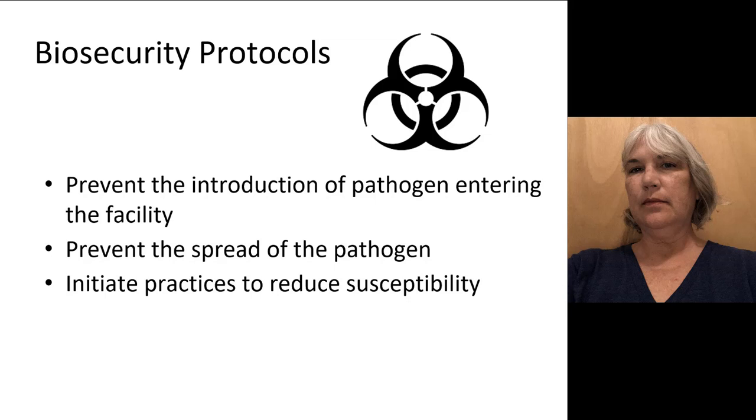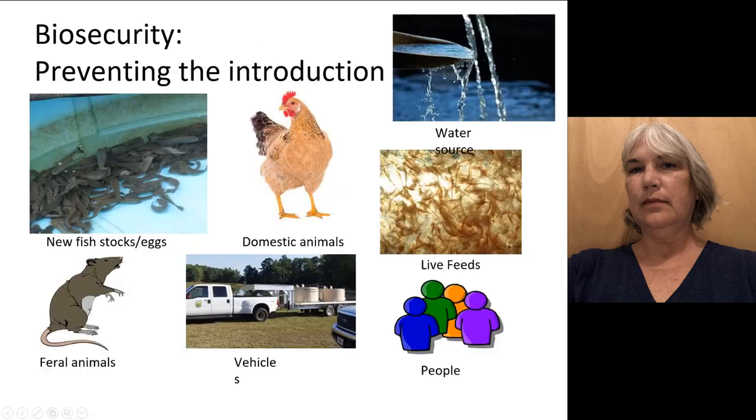If it does come into the facility, principle 2 is you don't want to spread it from your system to system. And thirdly, you want to have management practices to reduce susceptibility to pathogens coming in. That is, how do you reduce those stressors? So let's look at each of these principles separately.